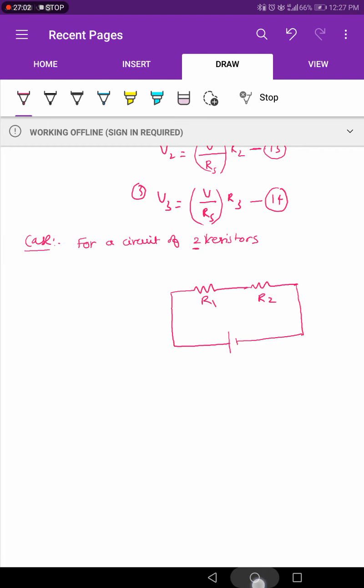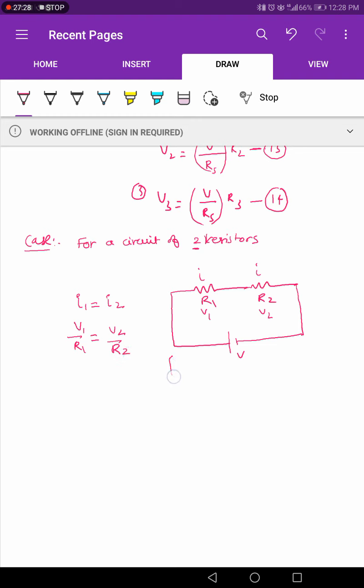It is an important application. So current is same, I, with V1, V2, and this is V. So can I write I1 is equal to I2, therefore V1 by R1 is equal to V2 by R2.